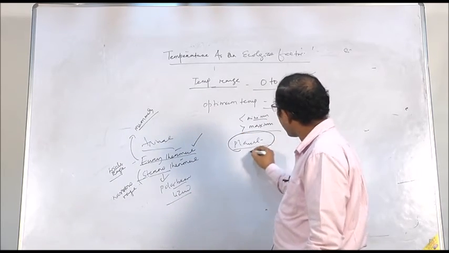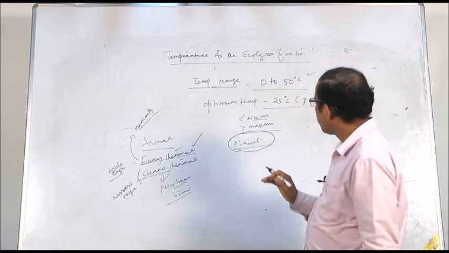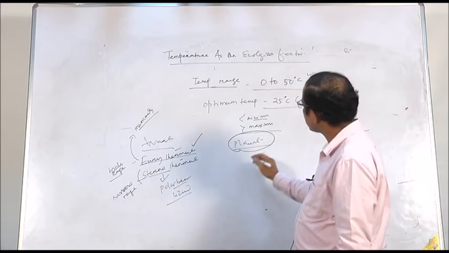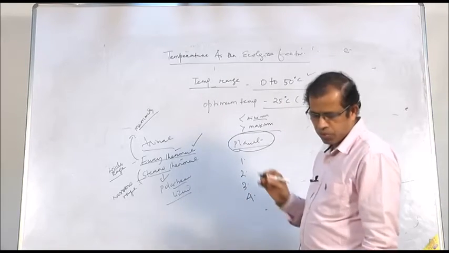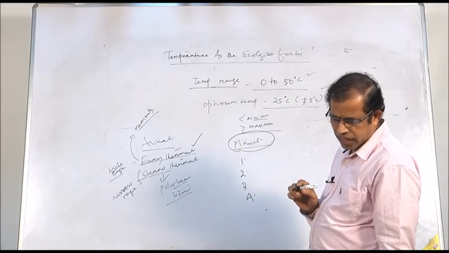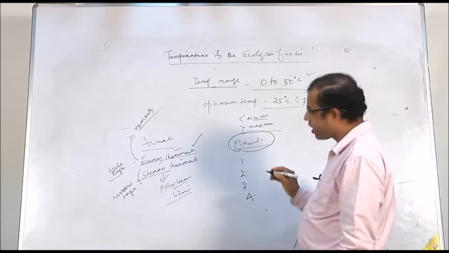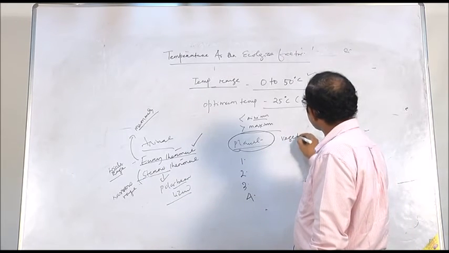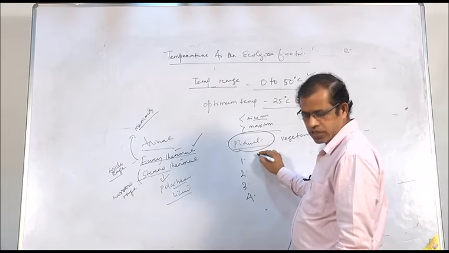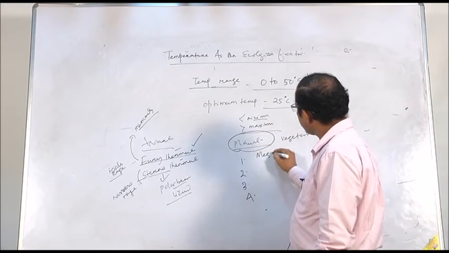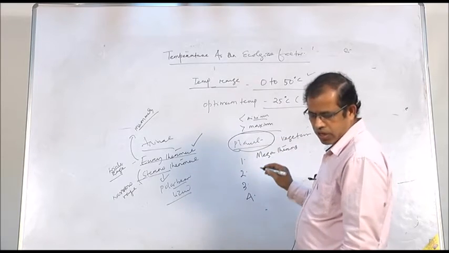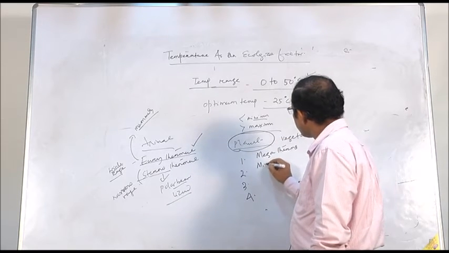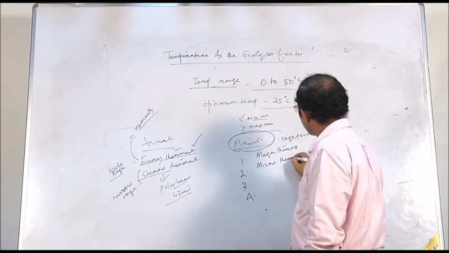Similarly, the plants, based upon the temperature, have been categorized into four types of vegetation. First one is called megatherms. Second one is called microtherms.